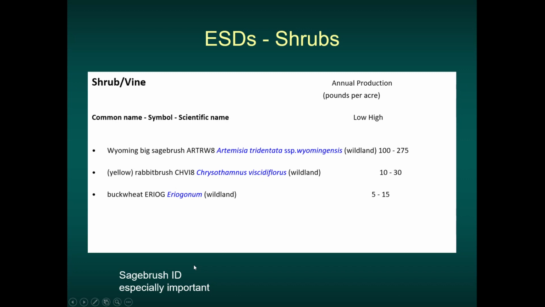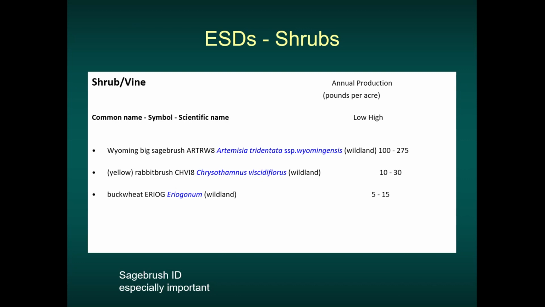And then keep in mind, sagebrush identification is very important. There are 3 subspecies of big sagebrush and some other species of sagebrush, and each one has very specific requirements and is adapted to specific conditions. So you need to know which species and even subspecies of sagebrush you're dealing with.